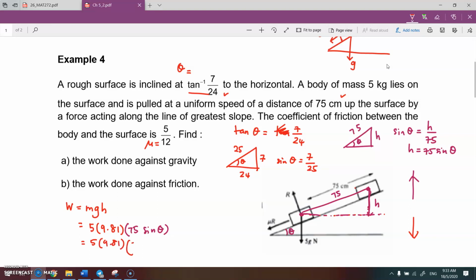So you substitute here: 5 times 9.81 times 75 times 7 divided by 25.